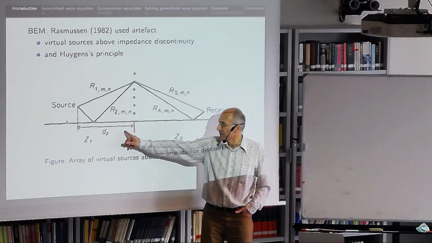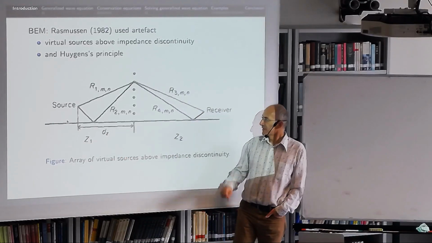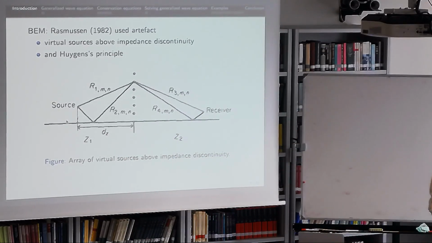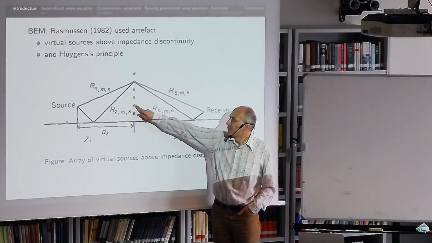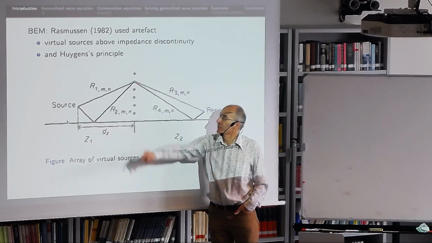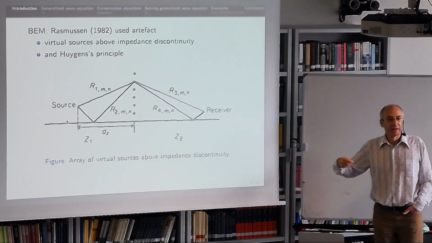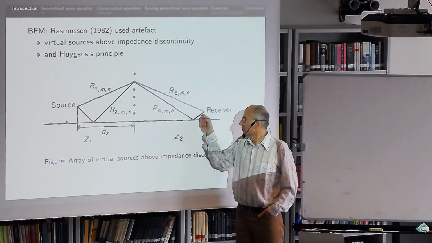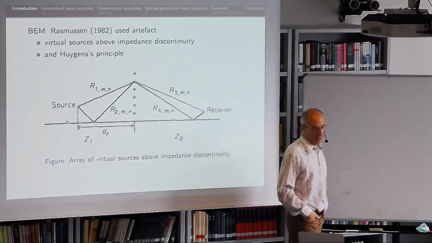So here you have the first admittance or impedance in this case, and the second one, and he was not able to get something working with a boundary element method unless he used the artifact of putting secondary sources or virtual sources above the discontinuity and applying Huygens principle in order to reconstruct the field at the receiver from the sum of all these sources.